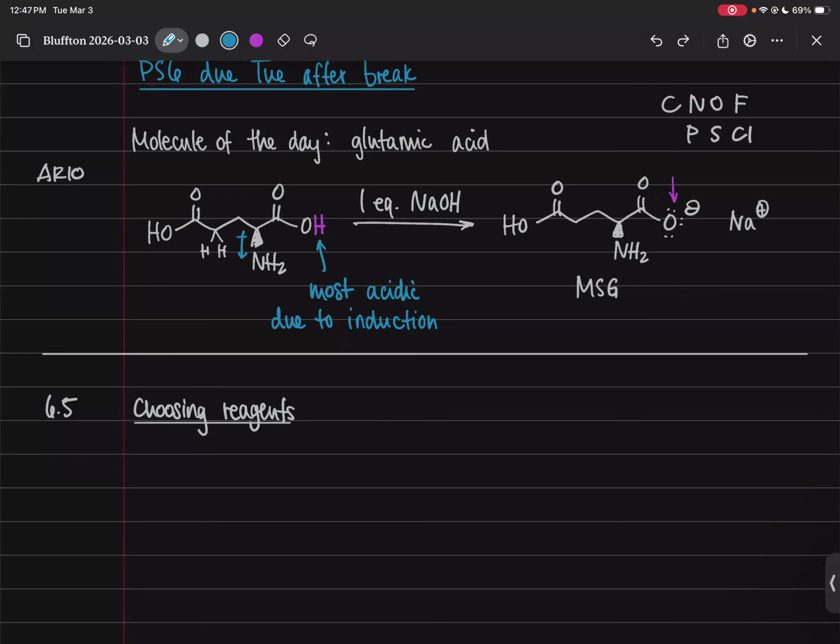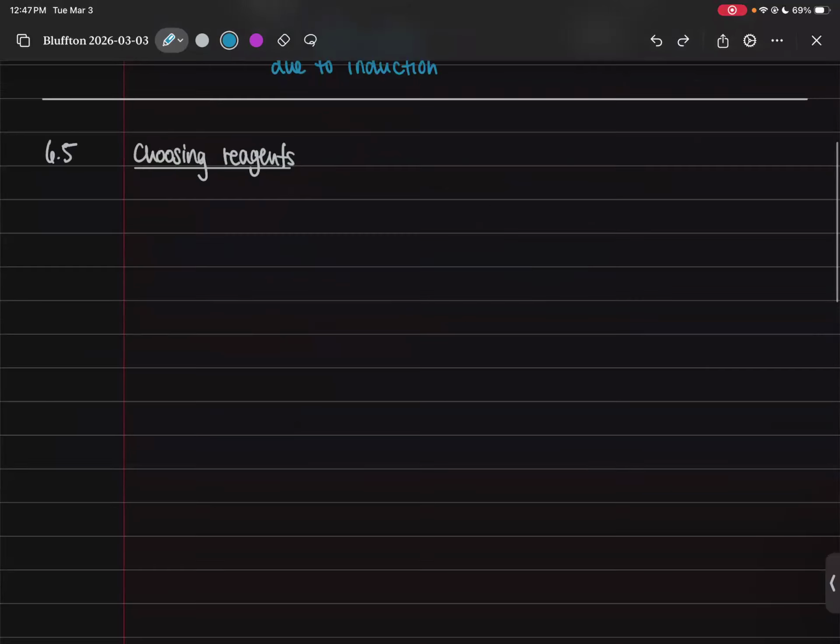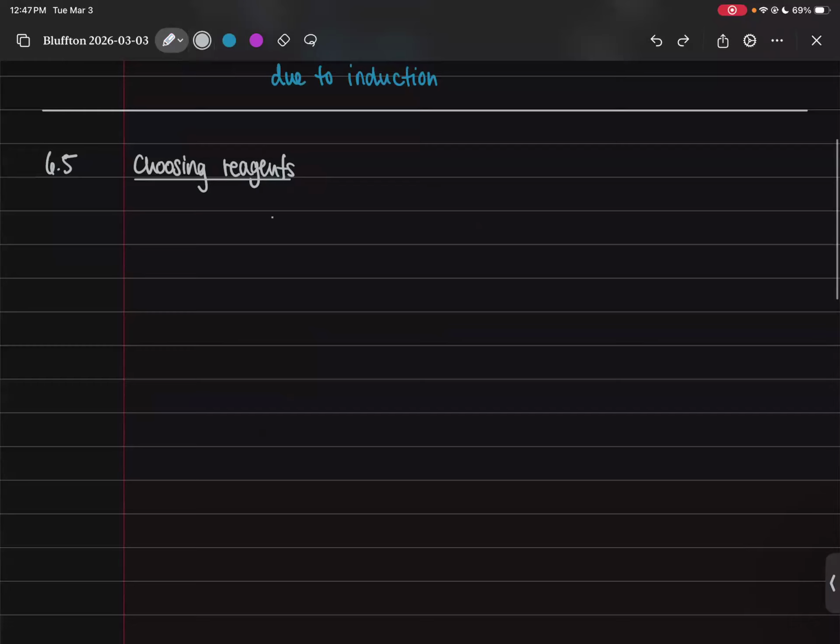So let's talk about that. Let's talk about choosing reagents for acid-base reactions. Really any reaction in general, but mainly acid-base reactions. So here's a general equilibrium acid-base reaction.